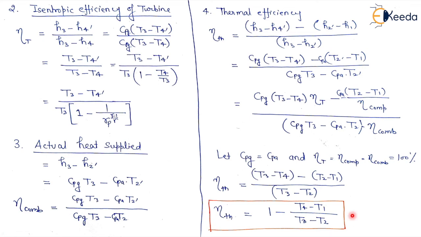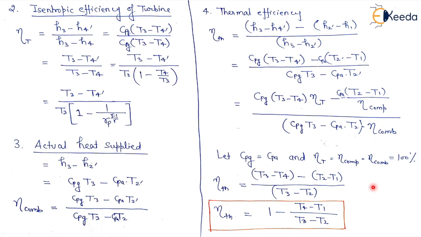In that I got the efficiency 1 minus T4 minus T1 divided by T3 minus T2. After doing some calculation, we got the formula 1 minus 1 upon Rp raised to power gamma minus 1. So you see here, this is the thermal efficiency of the ideal cycle.